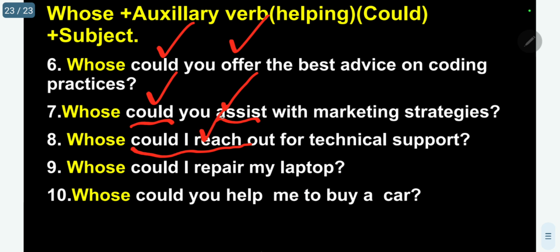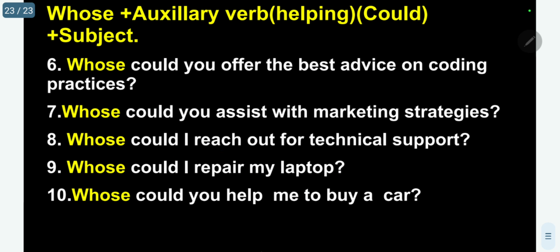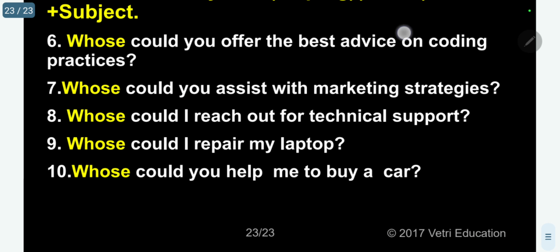Reach, main verb, could, auxiliary. Whose could I repair my laptop? Repair, main verb, could, auxiliary. The next one. Whose could you help me to buy a car? Help, main verb, could, auxiliary.